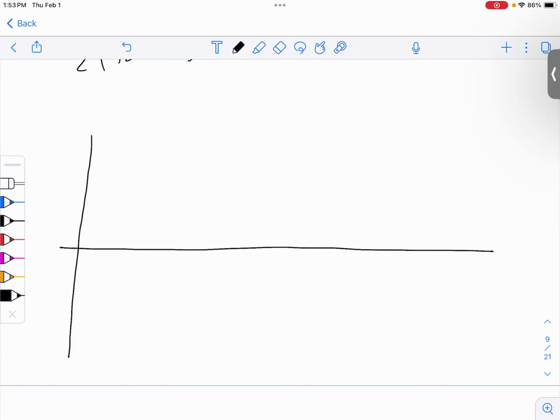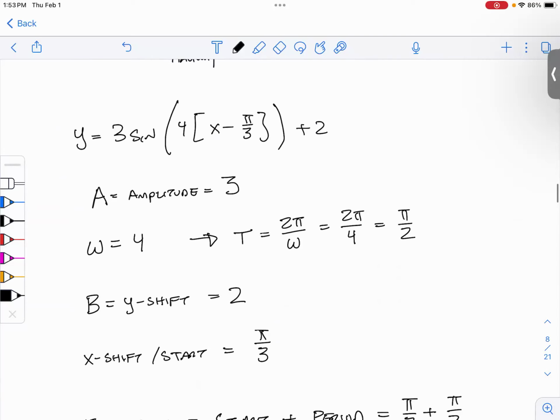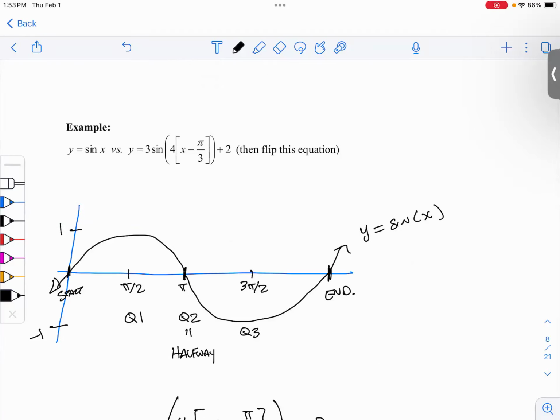Okay. Except, actually, I probably shouldn't draw it like that because now we have to start messing with our initial graph. This is shifted on the y up 2. Now, how that works, you start at the middle. The middle of this goes up 2. So that means our new middle line is at 2 instead of 0.